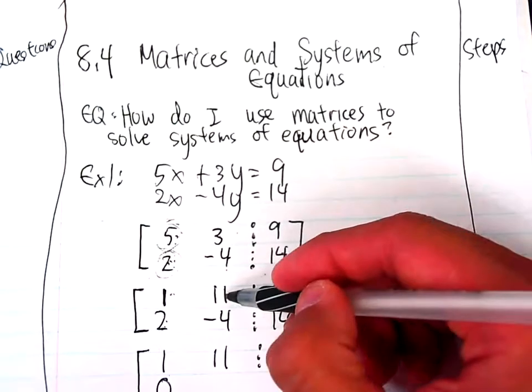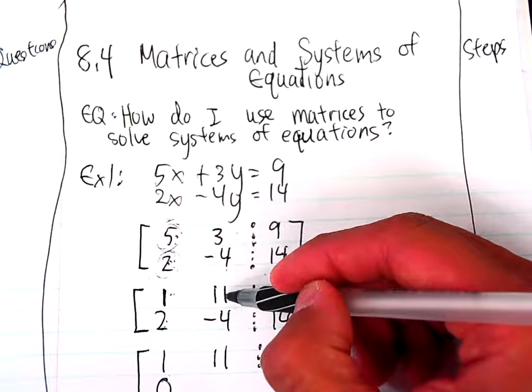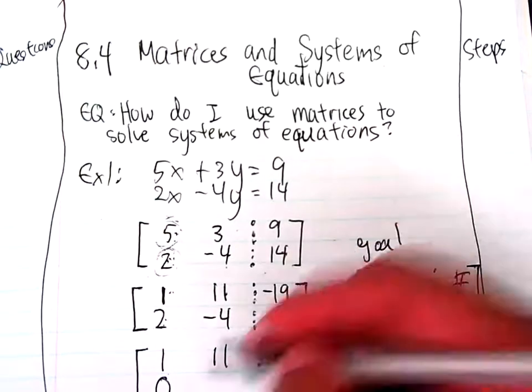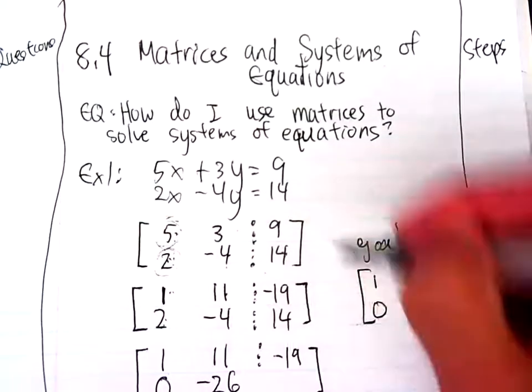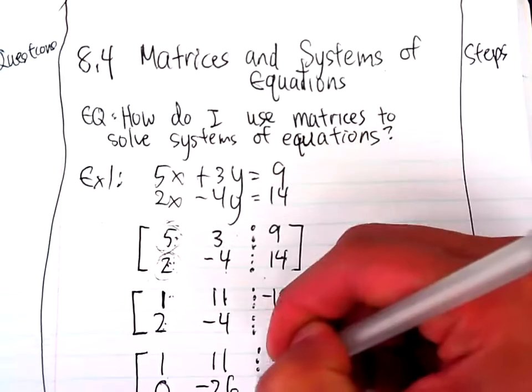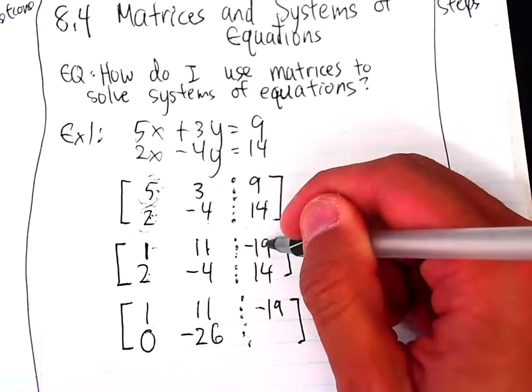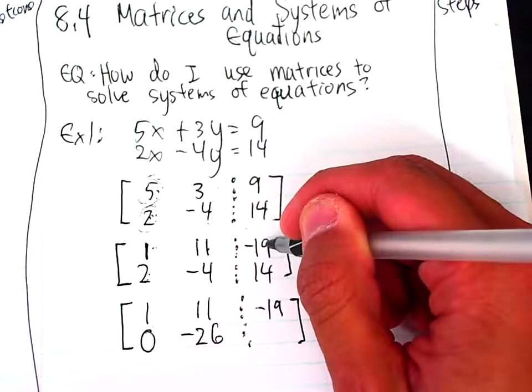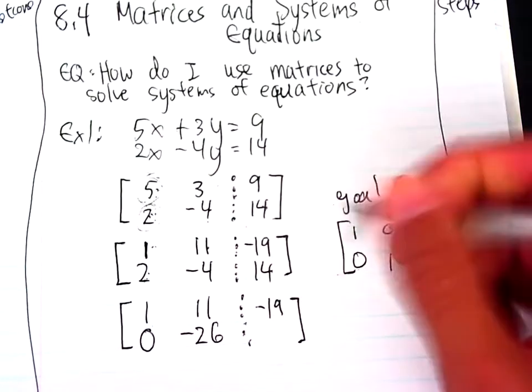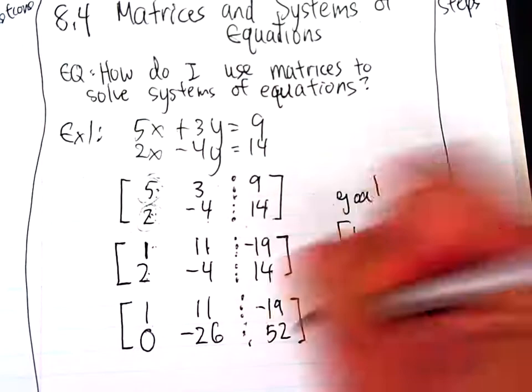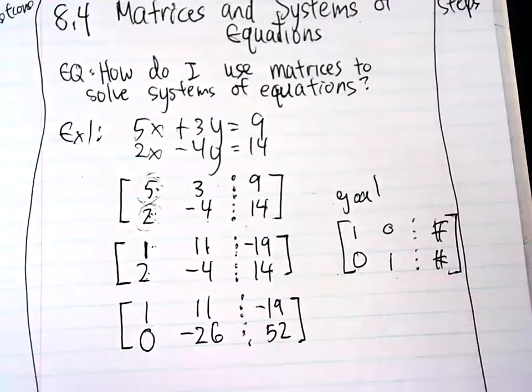I'm going to multiply this by negative 2. That's negative 22. Negative 22 plus negative 4 is negative 26. And then I'm going to multiply negative 19 by negative 2, so that's 38. 38 plus 14 is 52. Okay? So I'm getting a little closer.